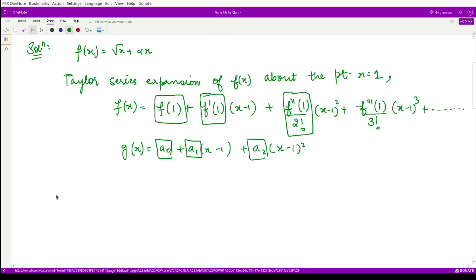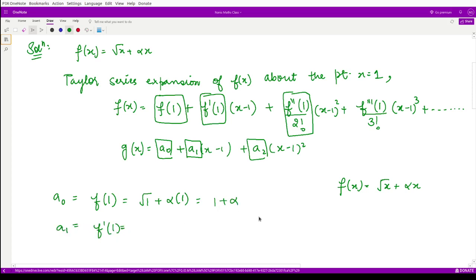First of all, let me calculate a0. a0 is your function's value at the point 1. Your function is square root x plus alpha x, so when you substitute x as 1, you obtain square root of 1 plus alpha into 1, so this quantity is 1 plus alpha. This is a0. a1 is the derivative of the function calculated at the point 1.